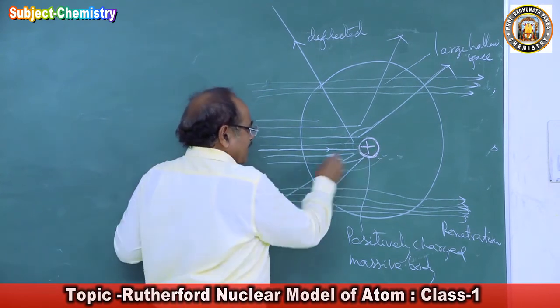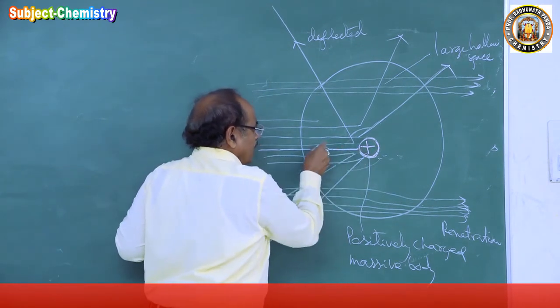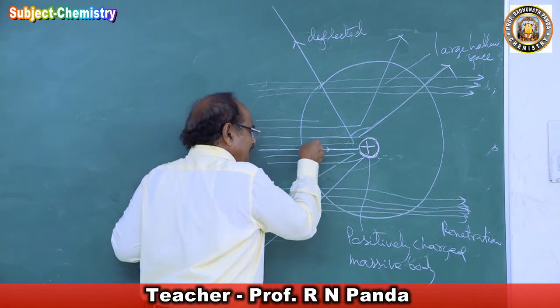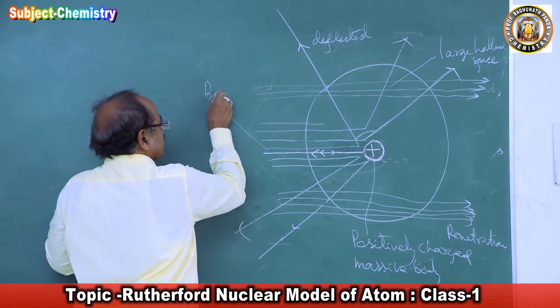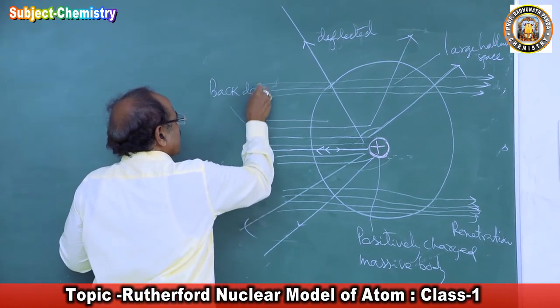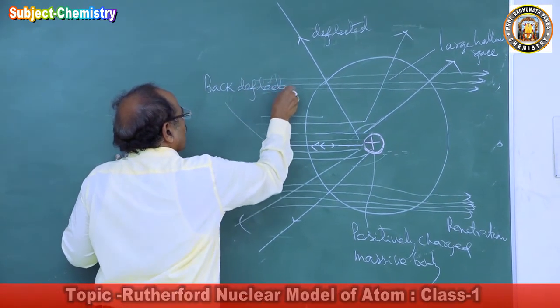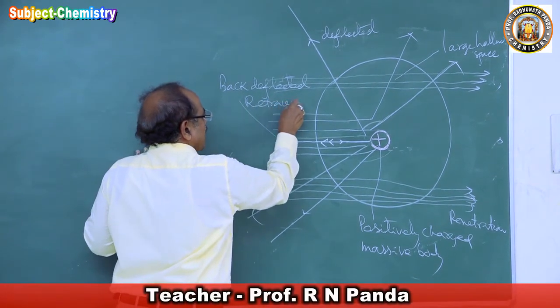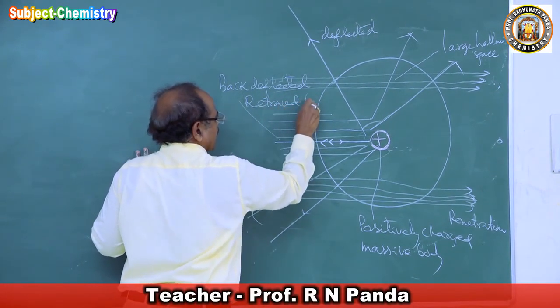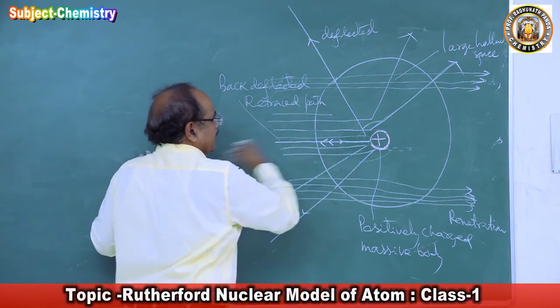So what happened to them? They came back in the same path. So this is back deflected, or retraced. They retraced the same path; in the same path they came back.